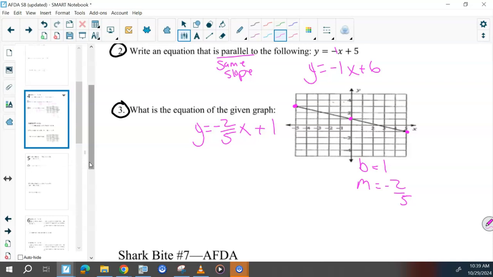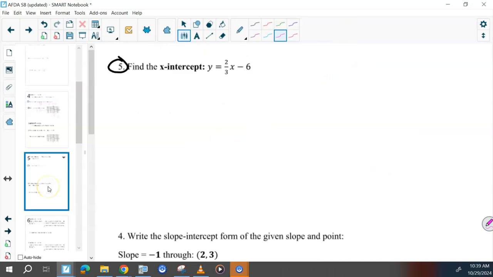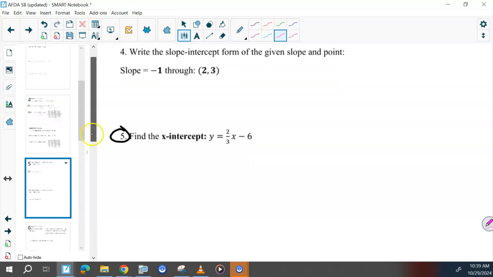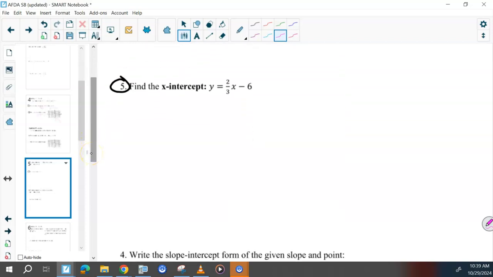Number 5, we have to find the x-intercept, which means our y value has to be 0. We're going to put 0 in for y. And then we're going to solve for x. How would we do that?